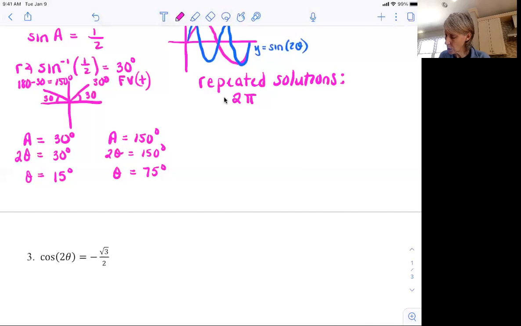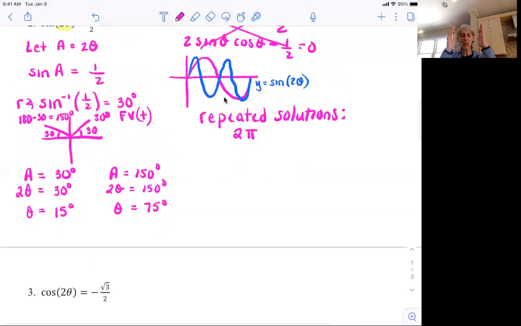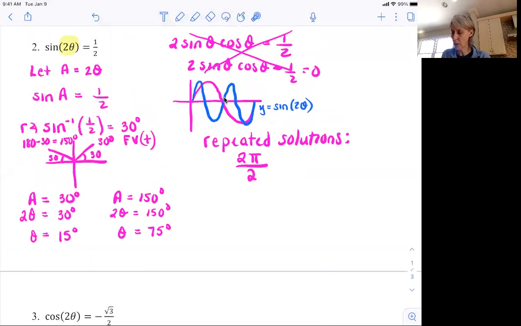But since we're compressing our curve, we're going to take the period and divide it by the number out in front of our original. So we're going to have repeated solutions every 180 degrees.